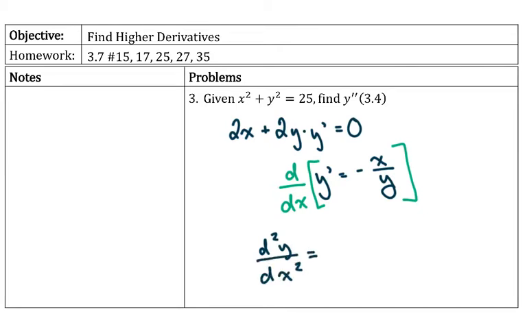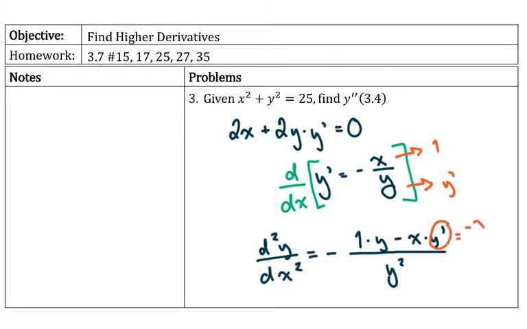And then we've got a quotient rule here where I'm going to keep the negative on the outside, and then the numerator has a derivative of 1, and the denominator has a derivative of y prime. And so then I have our quotient rule, and if you remember correctly, y prime here is equal to negative x over y, and so I'm going to substitute that in.